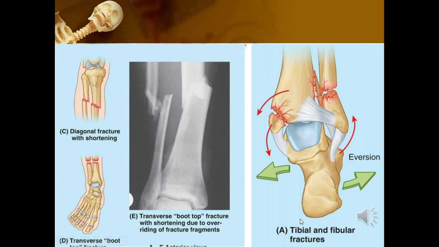Then in the next diagram, you can see that angle twisting is commonly associated with malleolar fractures. Eversion or inversion during the twisting is forcefully causing ligament tears and then fractures of the medial and lateral malleolus and also part of the lower end of the tibia.